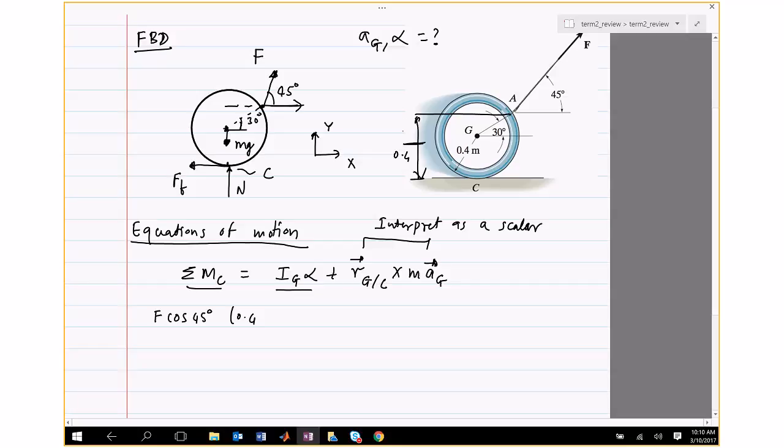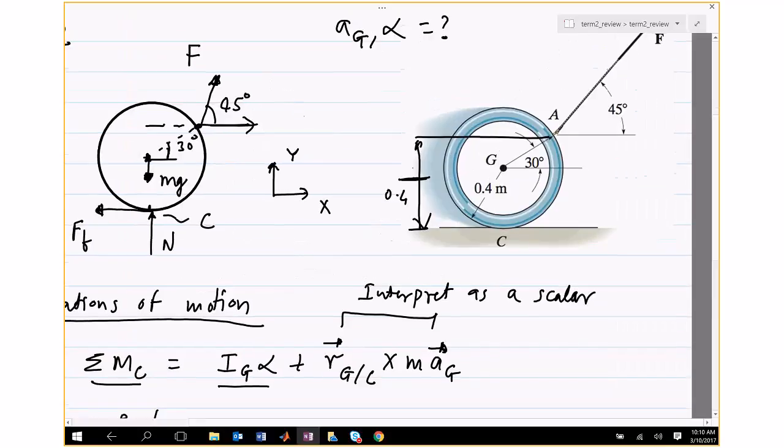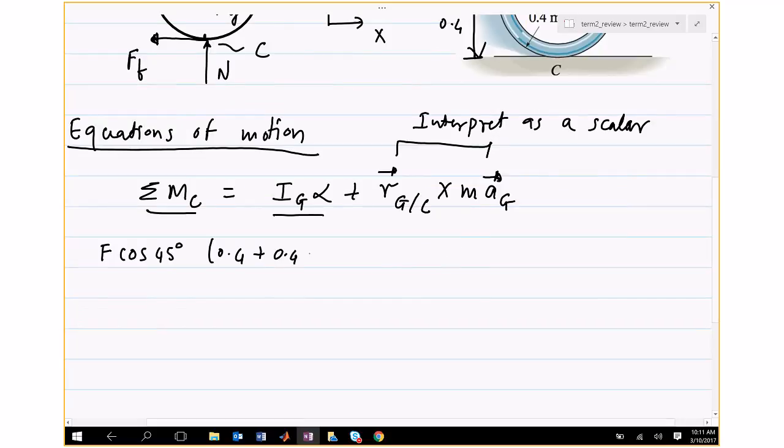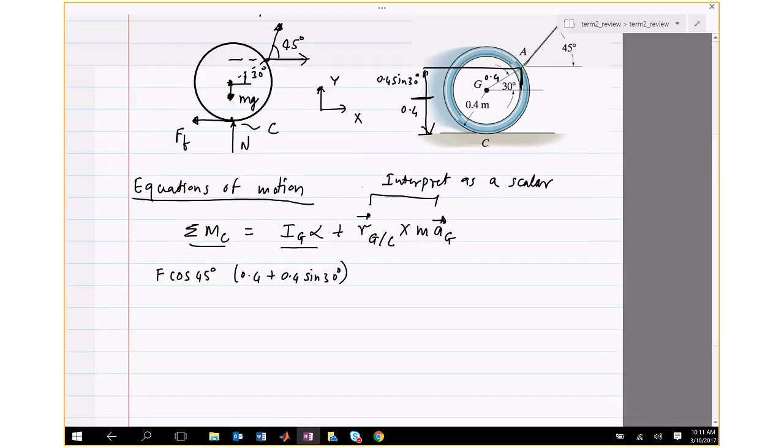What's this distance? 0.4 sine 30 degrees, because this distance is 0.4 times sine of the angle. So this thing here is going to be 0.4 sine of 30 degrees. How does that moment act? Clockwise or anticlockwise direction?